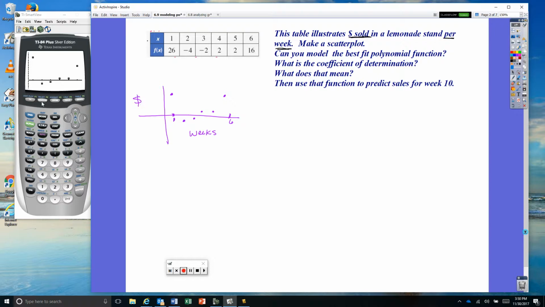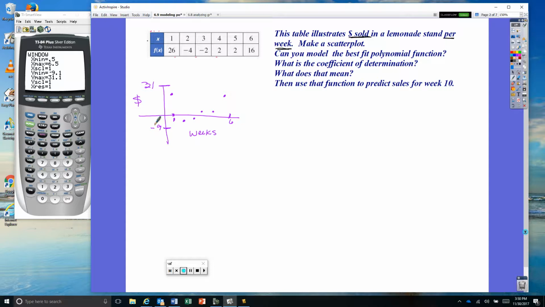I'm going to see what Y's they did, so I'm going to press my window key. My Y is a negative 9, so that's got to be down here below my negative 4. My max Y is 31, so that's got to be up here at the top above my 26. So I'm going to put my 31. And I have everything labeled and scaled.